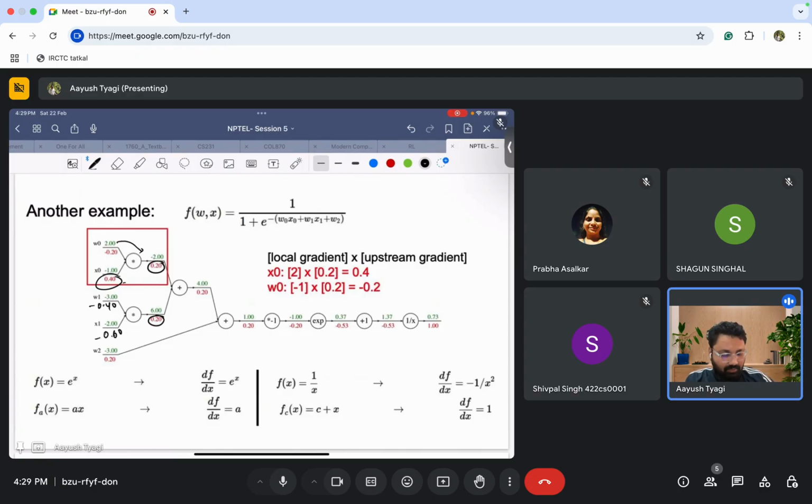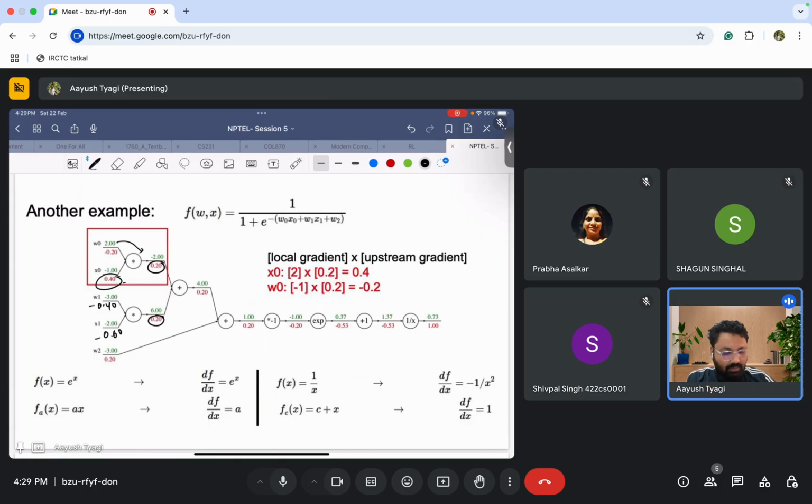You don't have to remember that whenever there's a multiplication you do the cross multiplication, but these patterns are present in many cases, so you can make use of them. You don't have to explicitly compute the gradient.